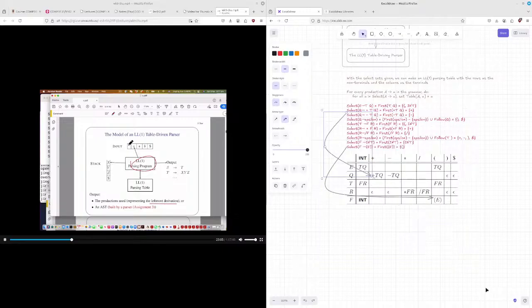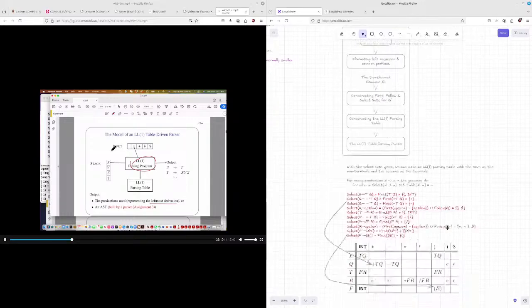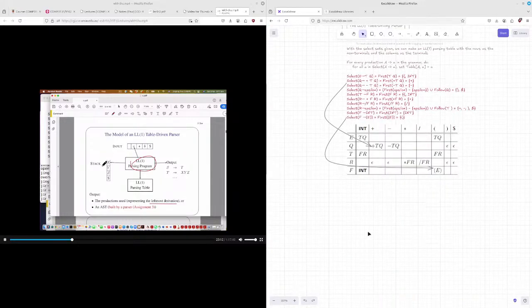When we do that, this is the program being analyzed. We're going to make use of a stack which contains terminals and non-terminals. And by doing that, we are going to build a tree. At the same time, we're going to discover the leftmost derivation used for building that tree. During the parsing process, we are going to consult the parsing table to decide which production to apply. Okay?